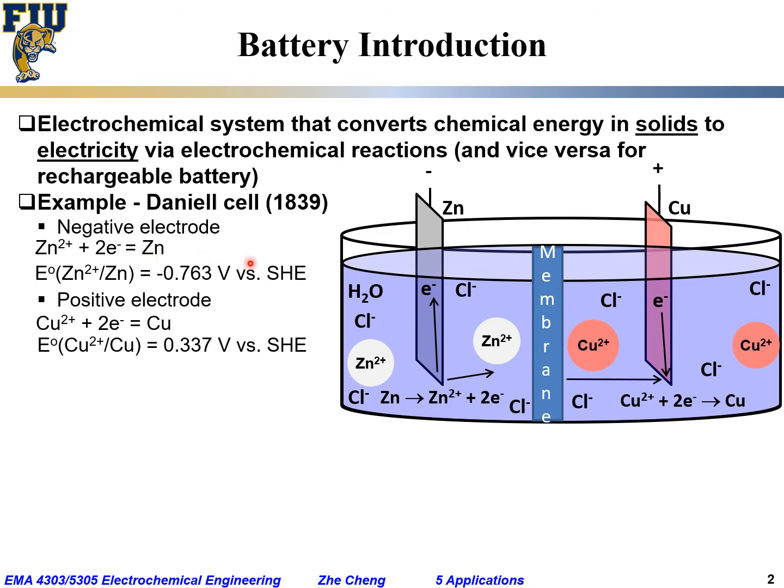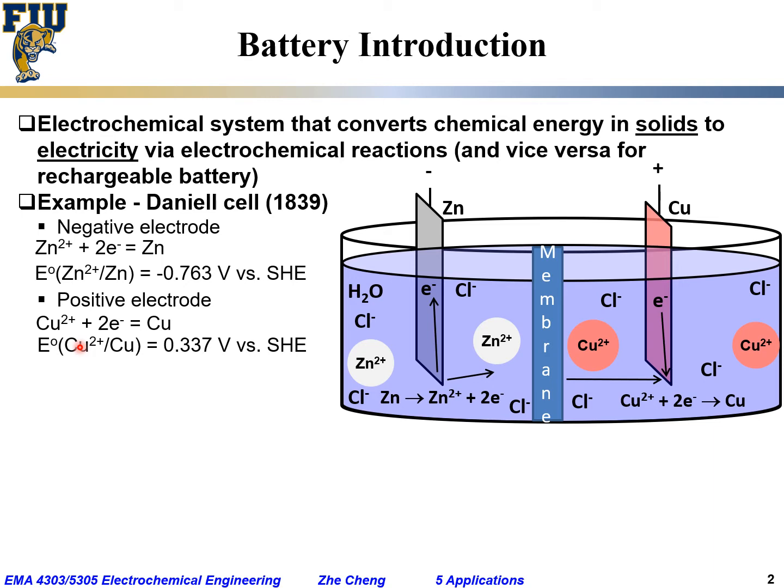But in this case, you are supplying electrons into the zinc electrode, and you reduce zinc 2 plus ion to deposit zinc metal. On the positive electrode, which is the copper electrode, you are stripping electrons away from the copper metal to form copper 2 plus ion. That is what happens during the charging process.